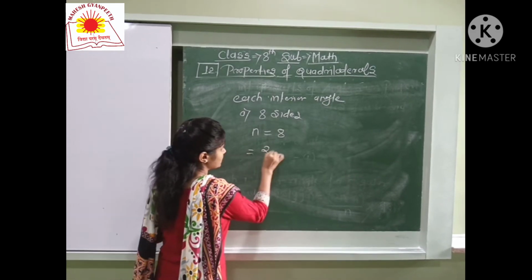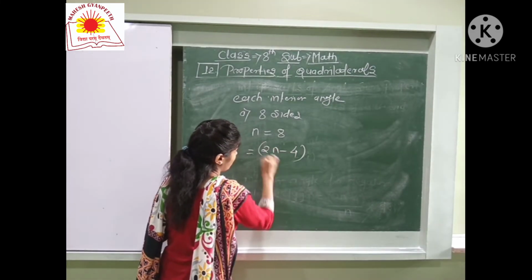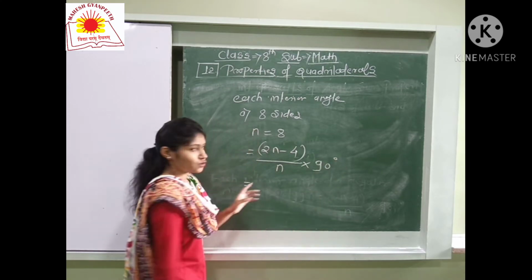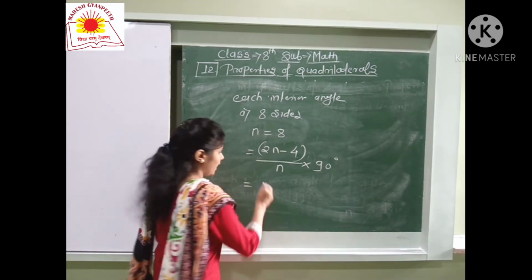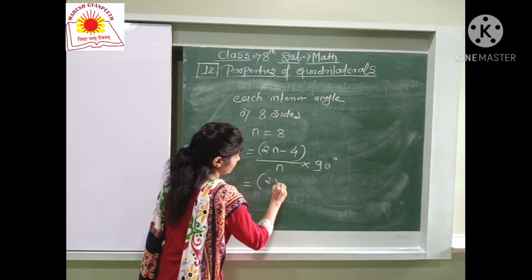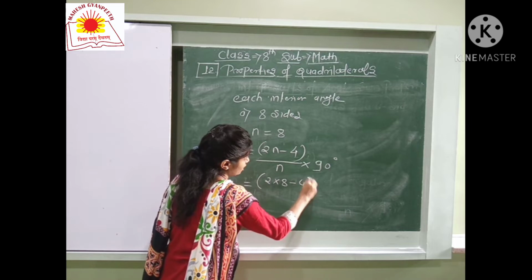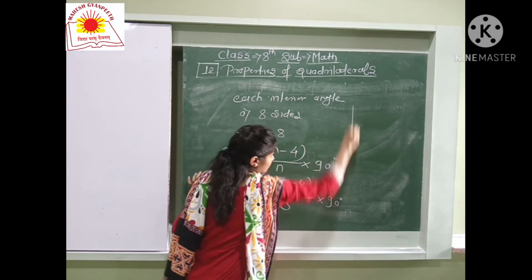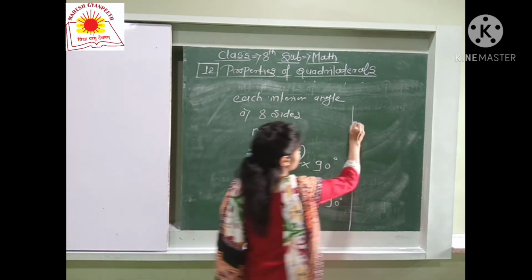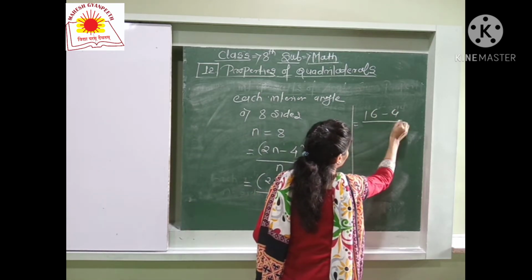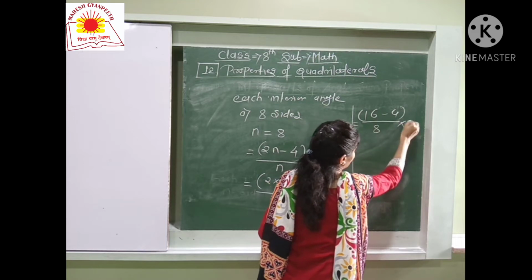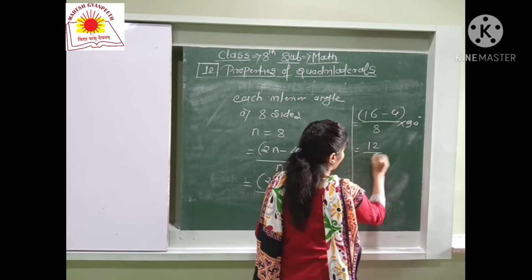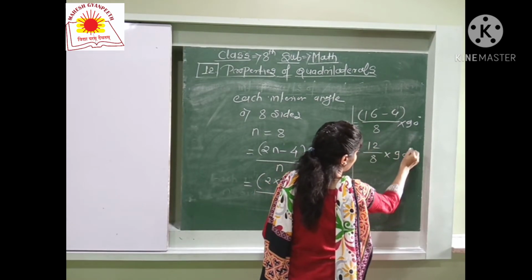Twice n minus 4 upon n, multiplied by 90 degrees. Put the value of n, which is 8. So 2 multiplied by 8 minus 4, upon 8, multiplied by 90 degrees. Now solve. 2 times 8 is 16. 16 minus 4 upon 8 multiplied by 90 degrees; 16 minus 4 is 12, so 12 upon 8 multiplied by 90 degrees.